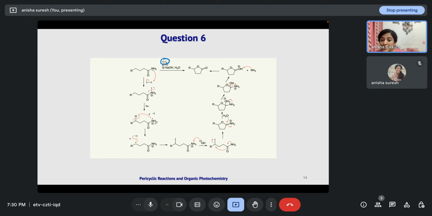So the NH2 plus radical can abstract proton from the alpha beta gamma position of this amide, leading to formation of a radical here, which can recombine with iodine, leading to formation of this compound. Then in the presence of hydroxy, this NH3 plus, so the extra proton will be abstracted by the OH, leading to removal of water.